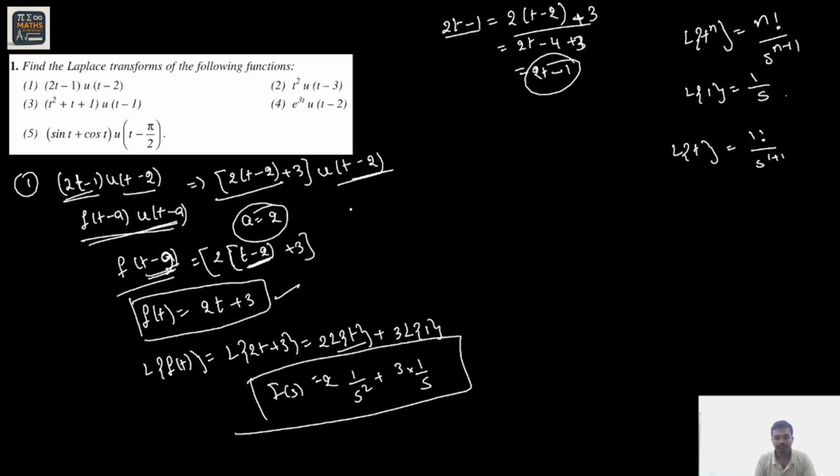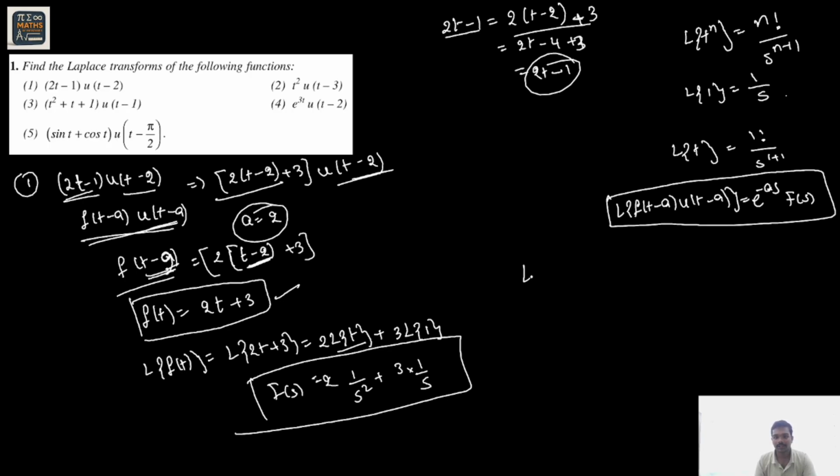By using unit step function, Laplace of f of t minus a into u of t minus a is equal to e power minus as into f of s. By using this form, the Laplace of 2t minus 1 into u of t minus 2 is equal to e power minus as into f of s.